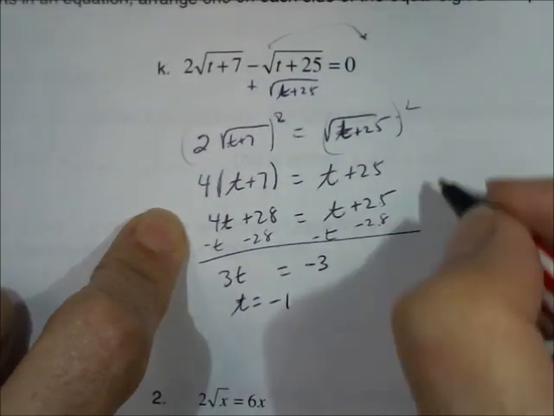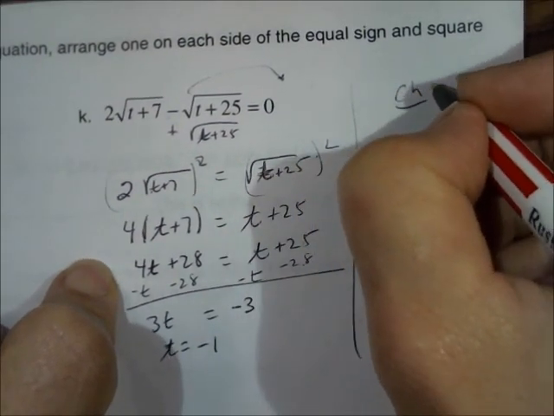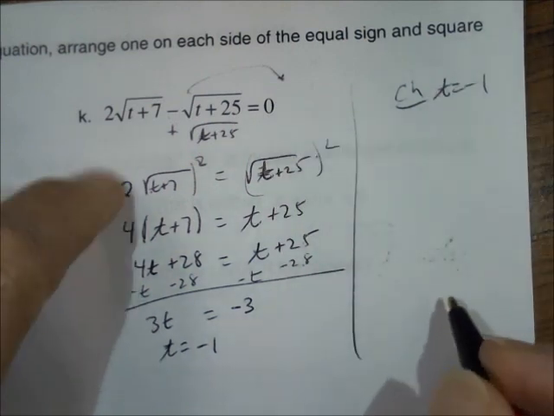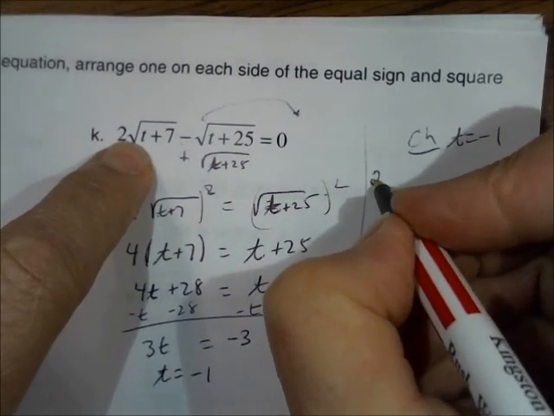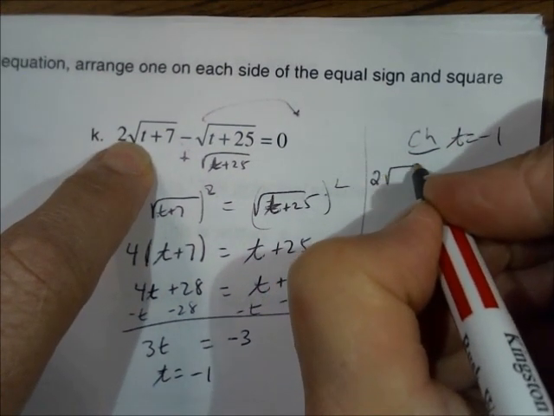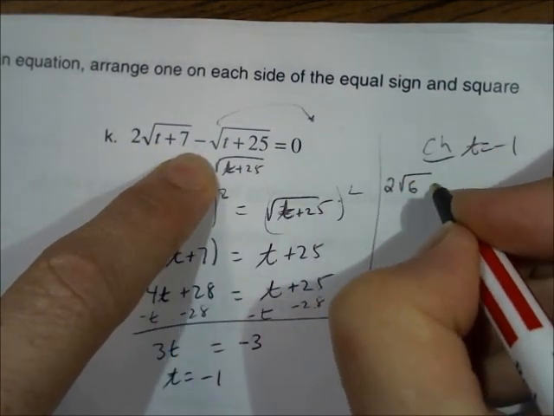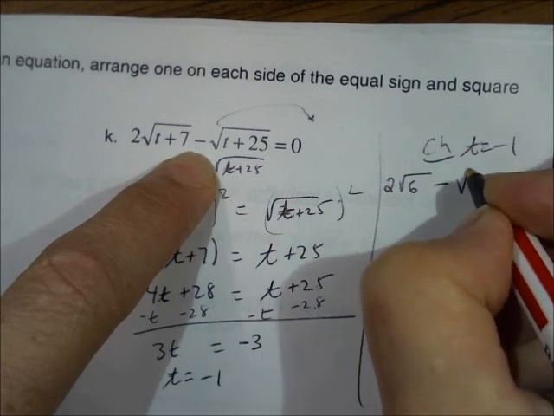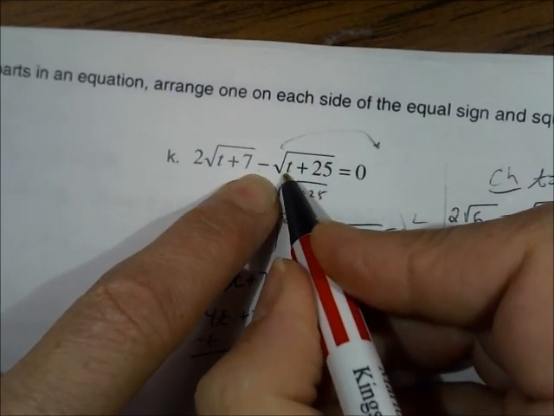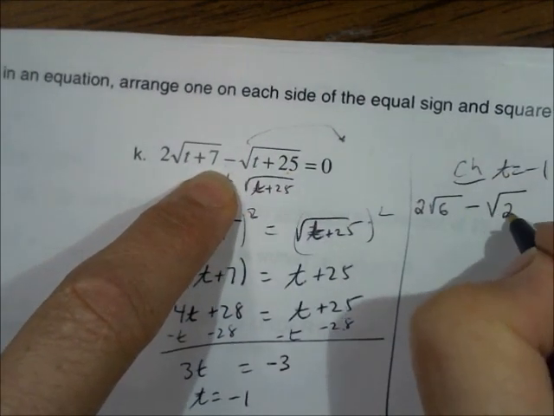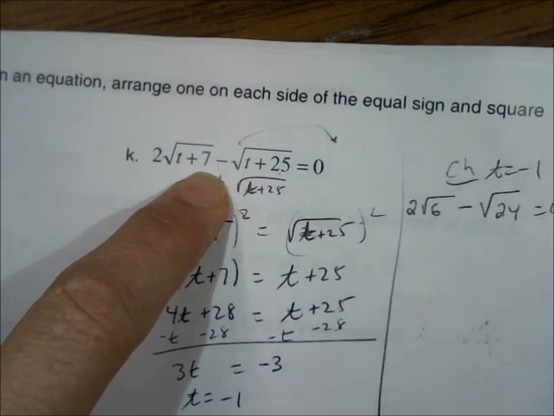All right, let's see if that checks. Check t equals negative 1. So in the original equation, does 2 times the square root of negative 1 plus 7 is 6, minus the square root of negative 1 plus 25 is 24. Does that equal 0?